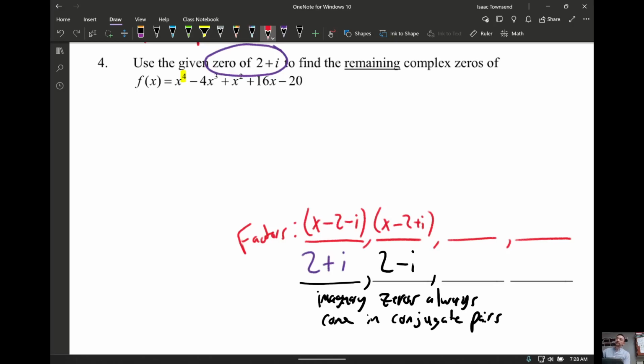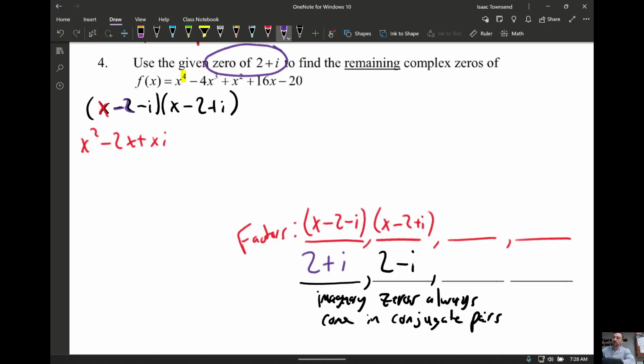Now, while this is really messy right here, if you multiply these 2 things together, if we distribute these, what's going to happen is we're going to have a quadratic that we can divide out of this and take it from a 4th degree down to a 2nd degree. So do x times all 3 of these, which should give you 3 terms.